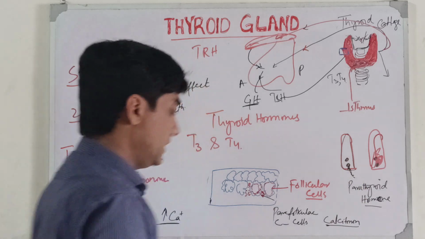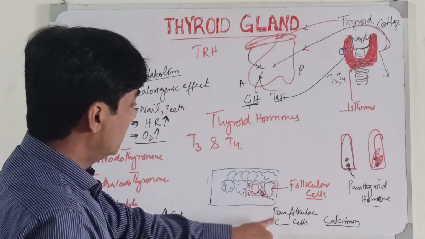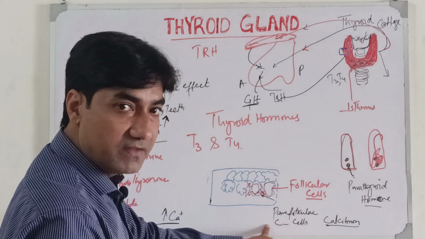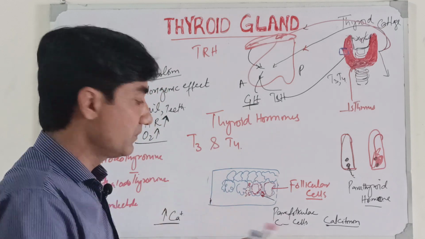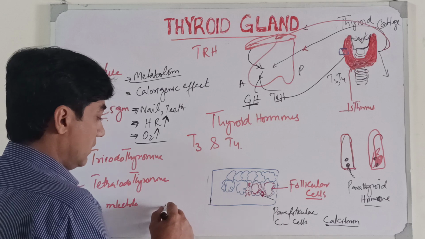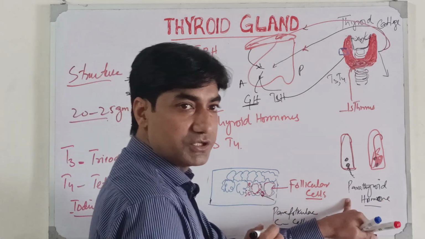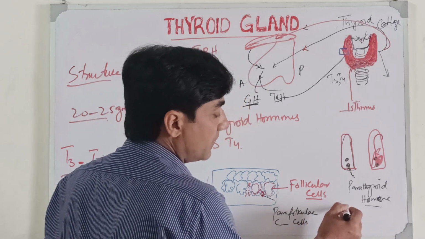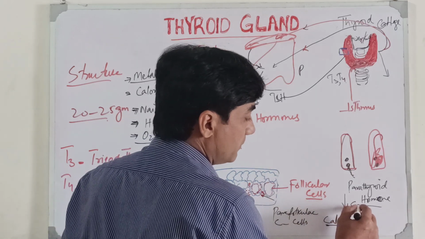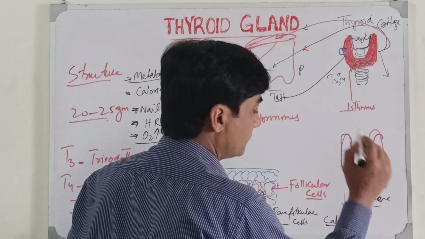So keep in mind, calcitonin from the parafollicular cells is secreted when the calcium level is increased in the blood, while PTH, parathyroid hormone, is secreted when there is a low level of calcium in the blood.